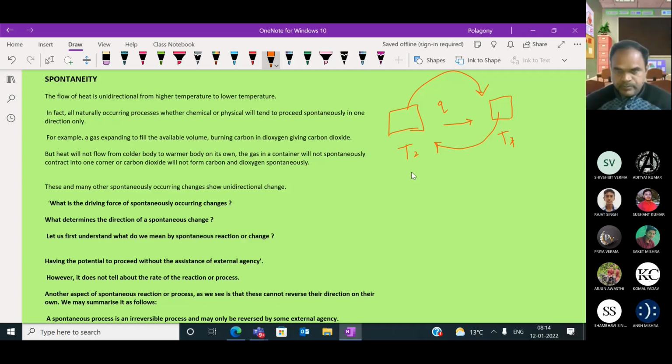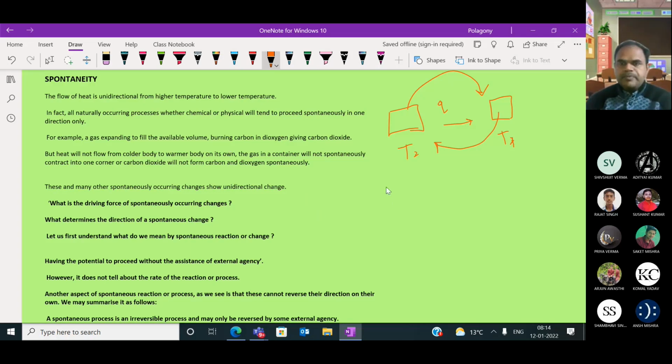No, sir. So here the first law of thermodynamics talks only about transmission of heat energy from higher temperature to lower temperature, but it doesn't talk about transmission of heat from colder to hotter. If you want to do this process, we have to apply a lot of external energy, which is quite difficult for us.